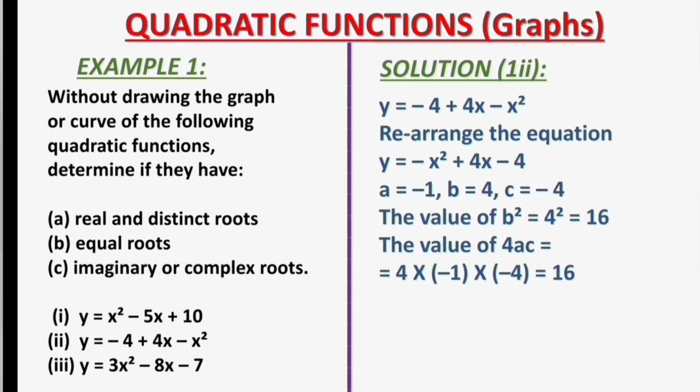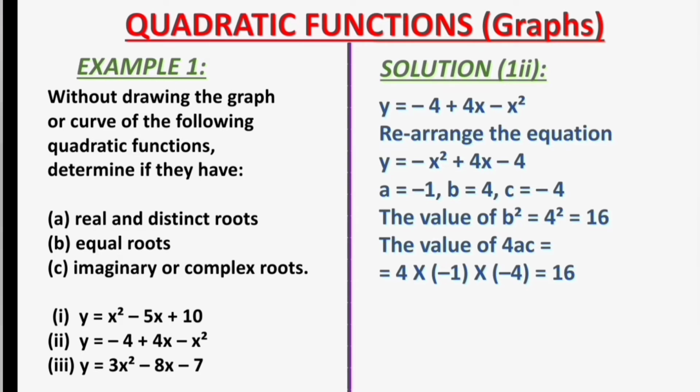So it becomes y is equal to minus x squared plus 4x minus 4. Now after rearranging, the value of a, which is the coefficient of x squared, is minus 1. b representing the coefficient of x is 4. c representing the constant term is minus 4.